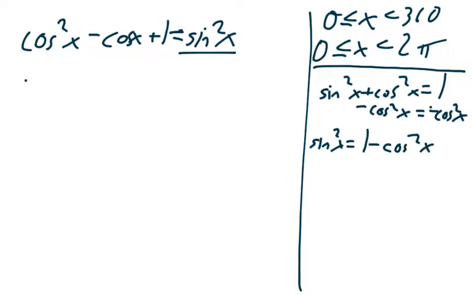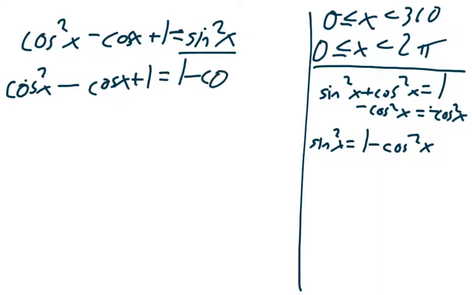So that means that over here, the left side stays the same, and on the right side, I got 1 minus cosine squared x. When trying to do these problems where we have cosine squared, like when we had quadratics, I'm going to get one side equal to 0.